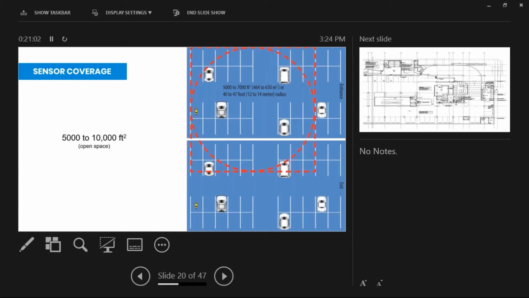Conversely, if you're in an Amazon type warehouse or a Home Depot type warehouse where there's a lot of propane forklifts running around spewing out carbon monoxide, you're confined by the aisleways between the racking or shelving and product.